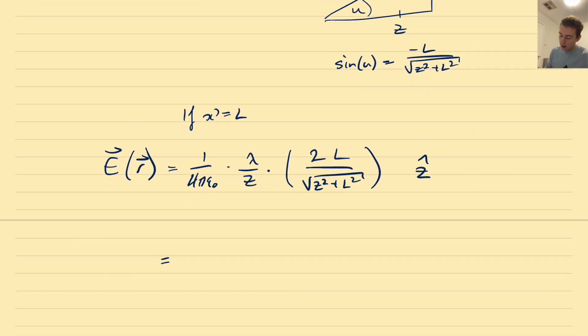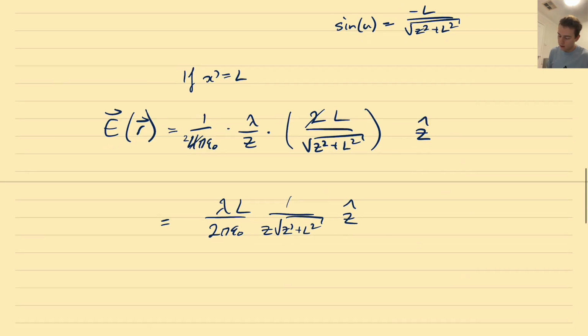Then I can simplify this a little bit. That cancels, and it becomes 2 lambda L over 2 pi epsilon 0 times 1 over square root z squared plus L squared. And I believe that is the correct answer.